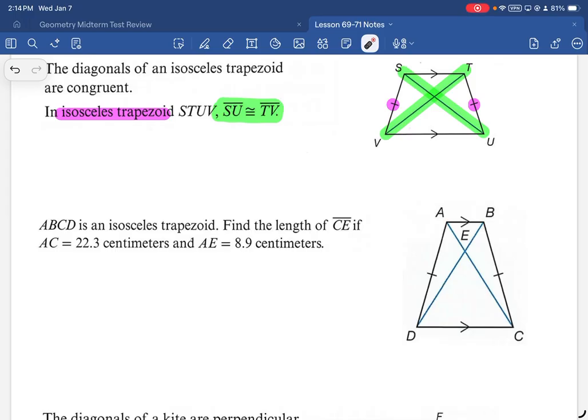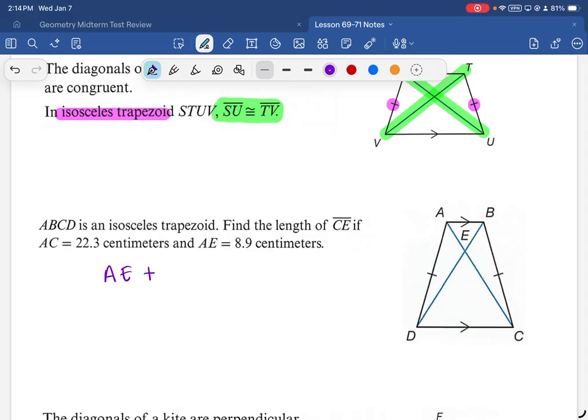Don't you just subtract from 22.3? That's all you do. We don't need to make it harder than what it needs to be, right? We know that AE plus EC, or CE, same thing, equals the whole thing. So if AE is 8.9, and we know the whole thing is 22.3, we can just use algebra, just like Logan said.